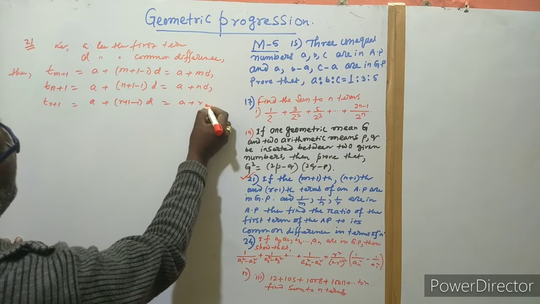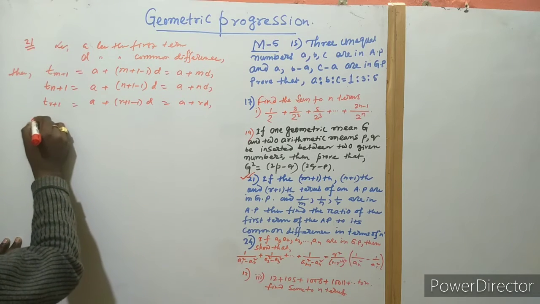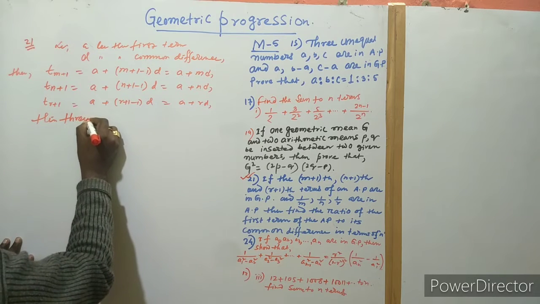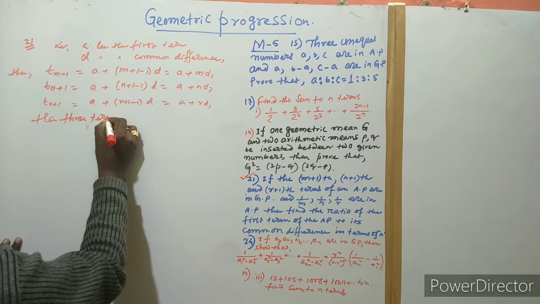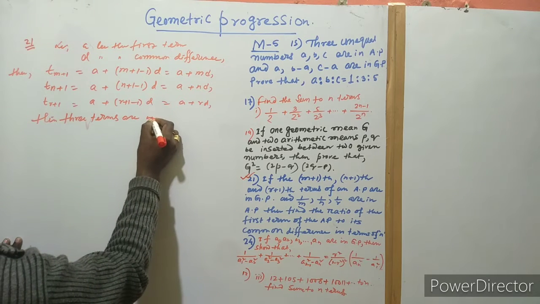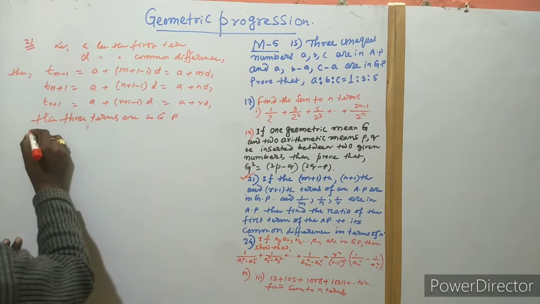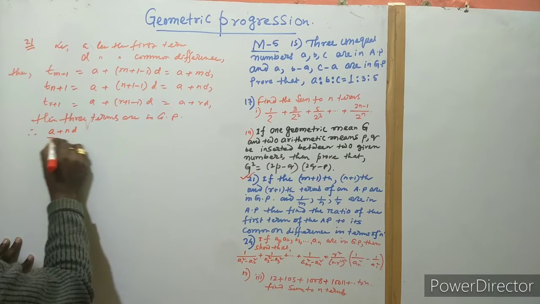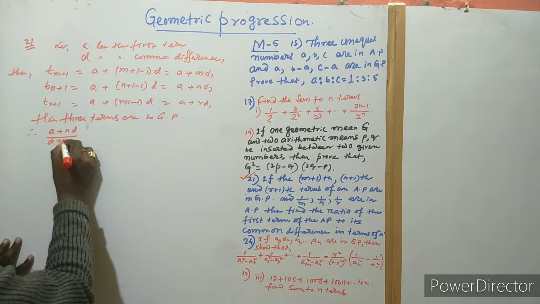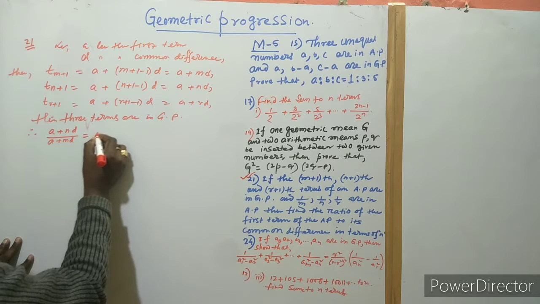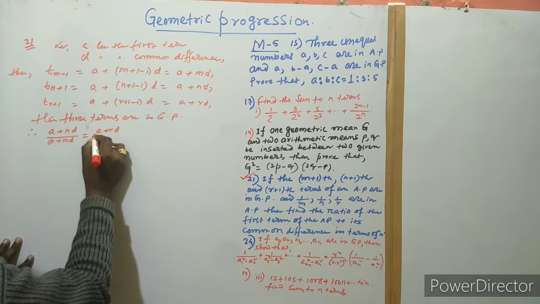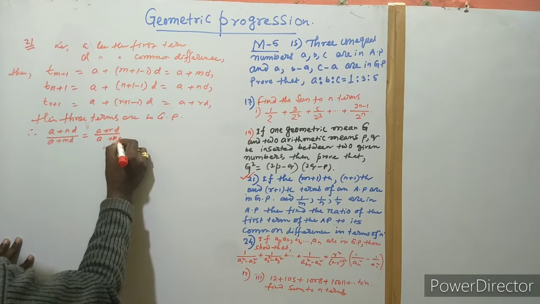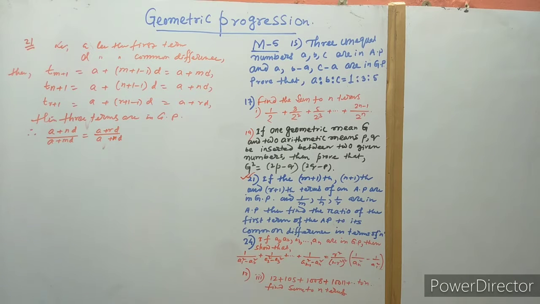These three terms are in GP. Therefore, we can write here (A plus nD) by (A plus mD) is equal to (A plus rD) divided by (A plus nD).